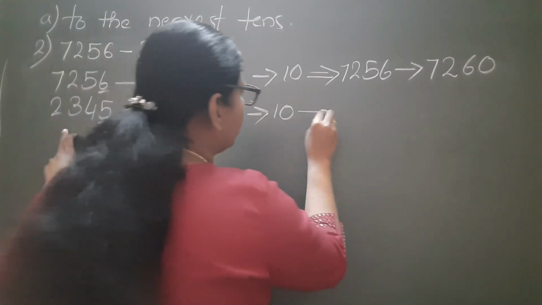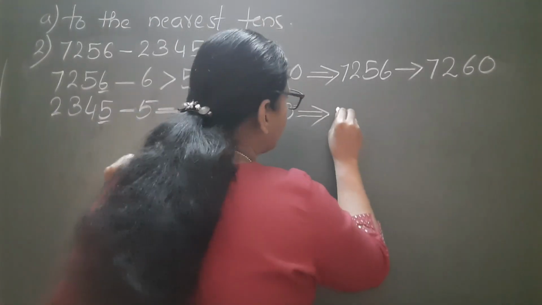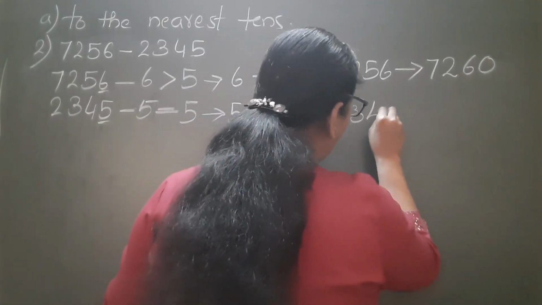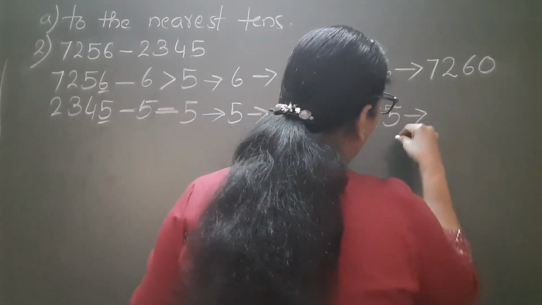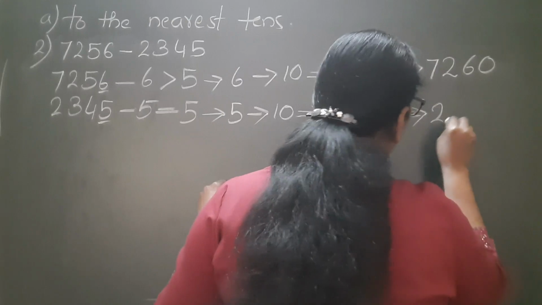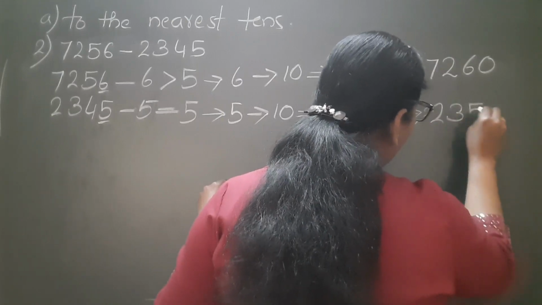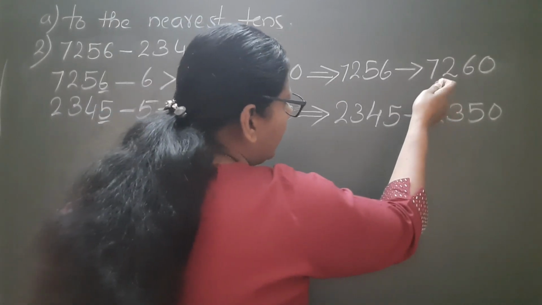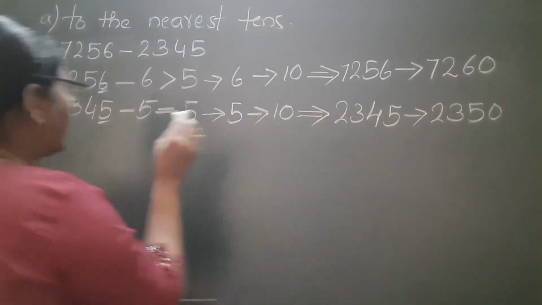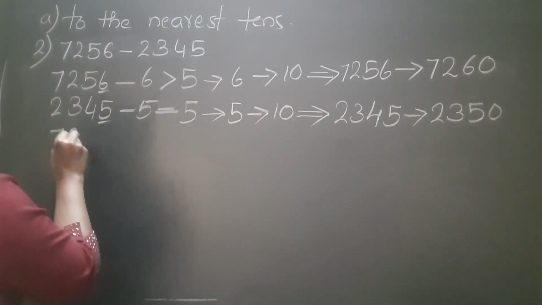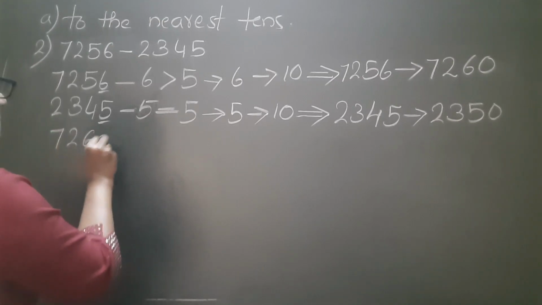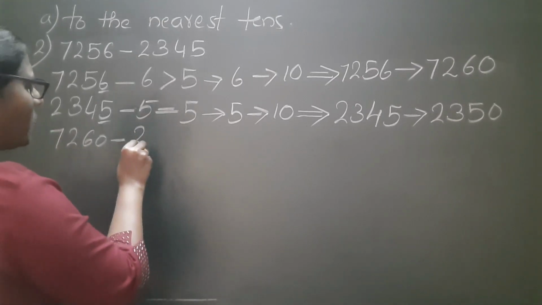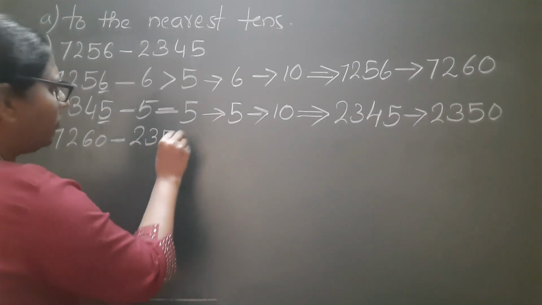So 2345 rounds off to 2350. Now we have to find the difference between these two numbers: 7260 minus 2350.